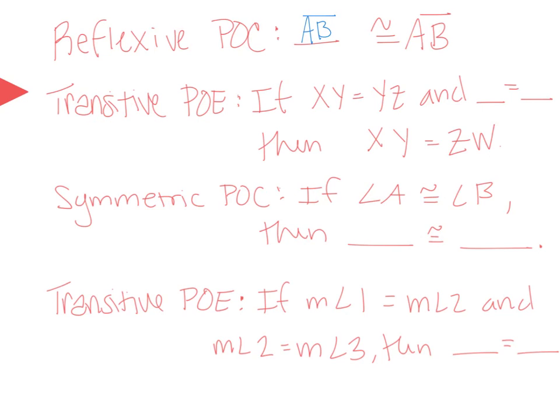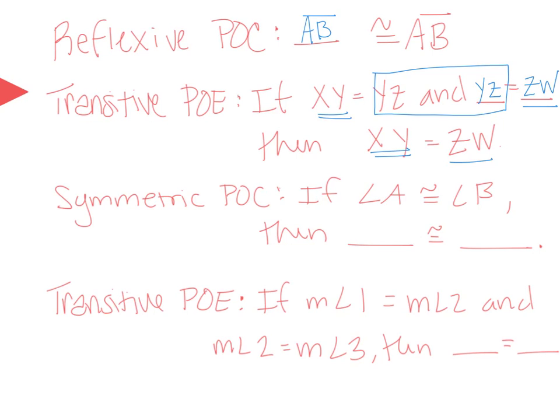Well, remember, the middle is our link, so that first blank has to be YZ because the link has to be together. Now the last blank is going to be my first, so this has to be ZW.